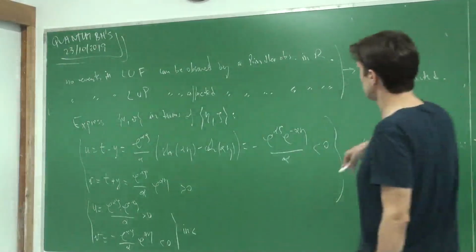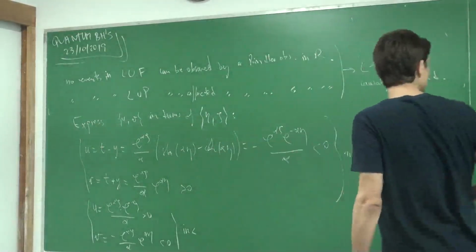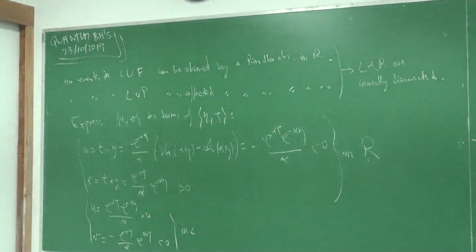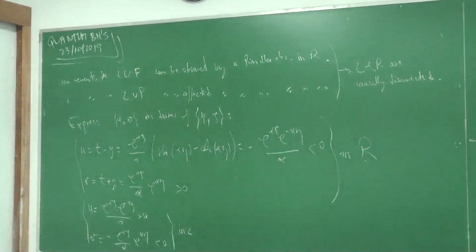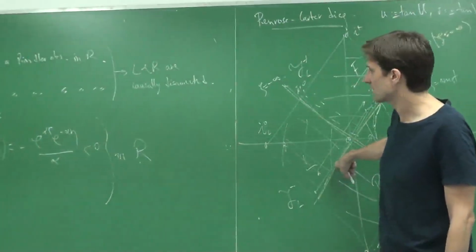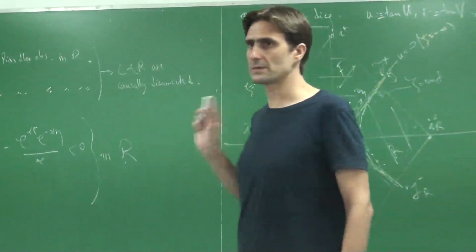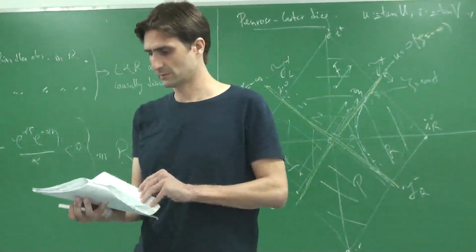Okay, I already drew this in the diagram. In R, U is negative and V is positive. In the left wedge, V is negative and U is positive. That's the way we draw it.